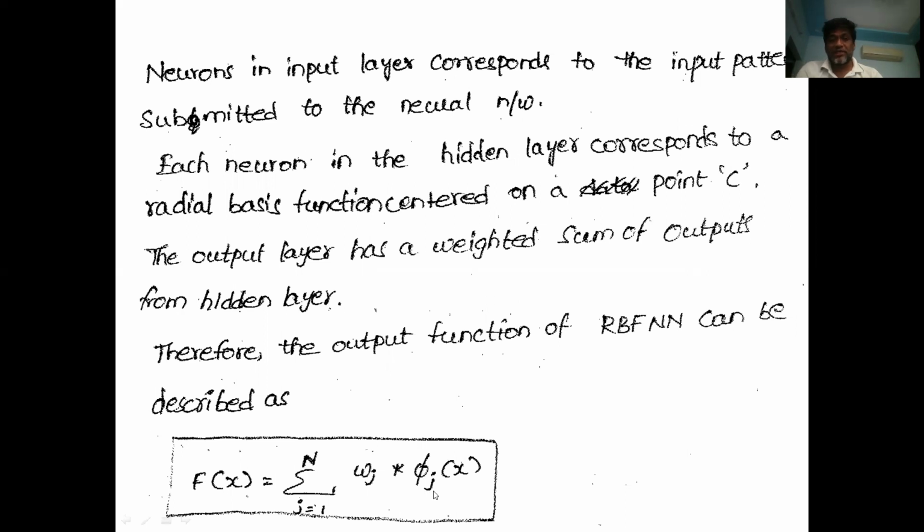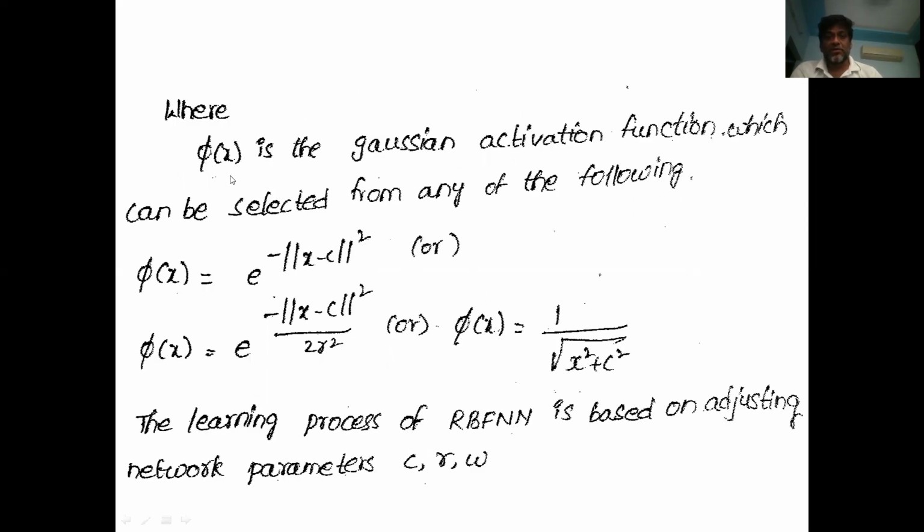Let us understand what this is. In our earlier example, the XOR problem, we took phi of x as a Gaussian activation function, e power minus norm x minus c whole square, where c is the center that we select for the corresponding hidden neuron. In general, phi of x can be any Gaussian activation function selected from these options.